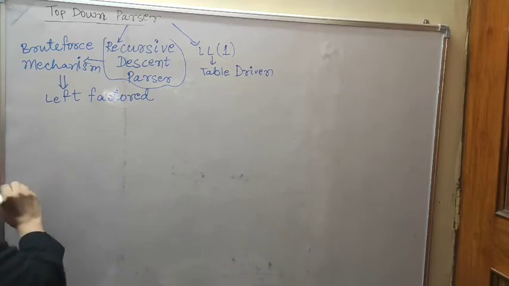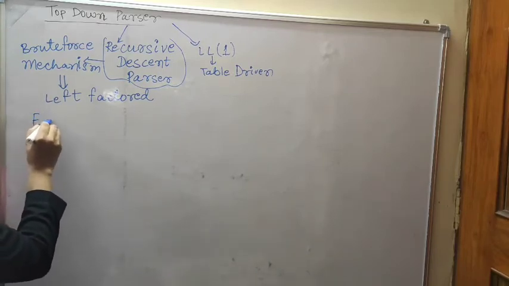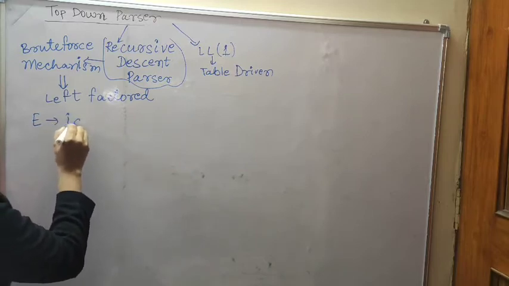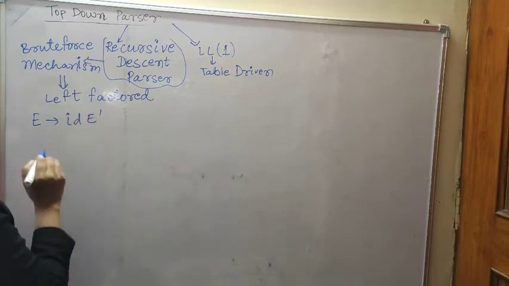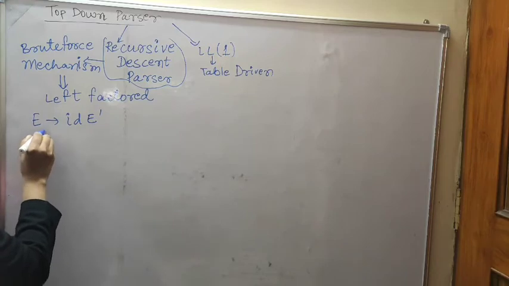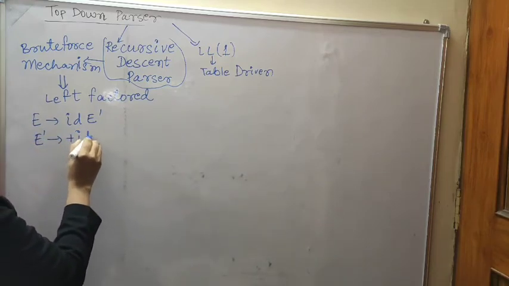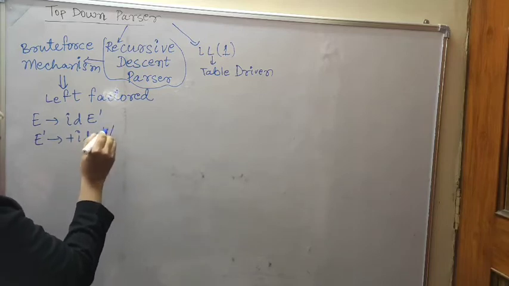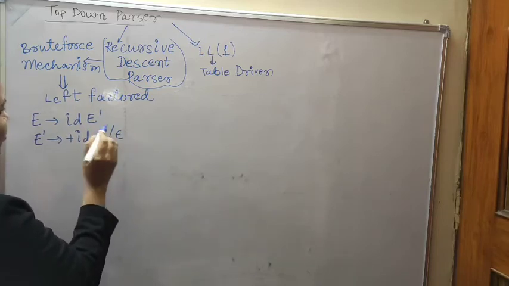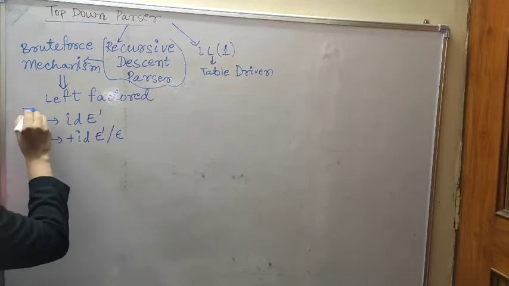For example, suppose E to id E dash, E dash to plus id E dash or epsilon. This is the production rule.